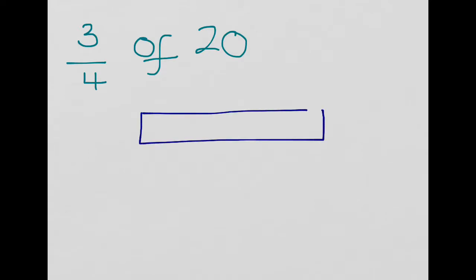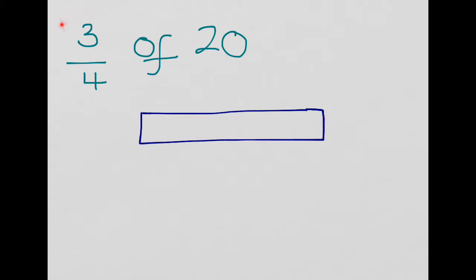My bar represents 1 whole. Now, I've always divided my bar up into pieces. What part of this fraction tells me how many pieces I should divide this by? And I have said this previously.